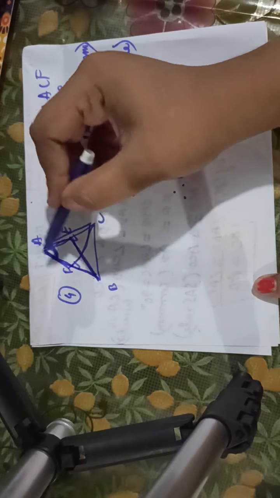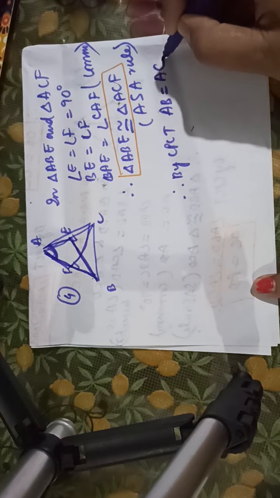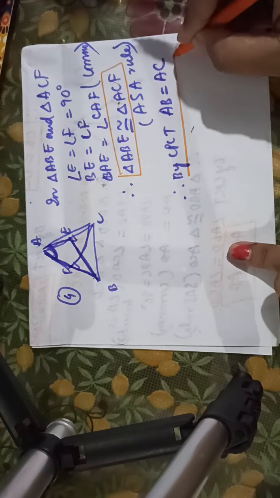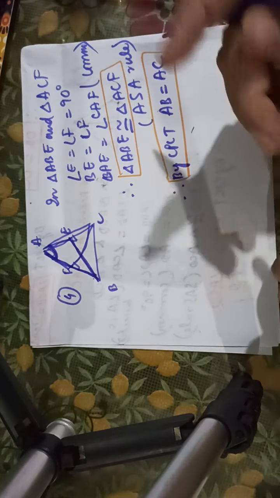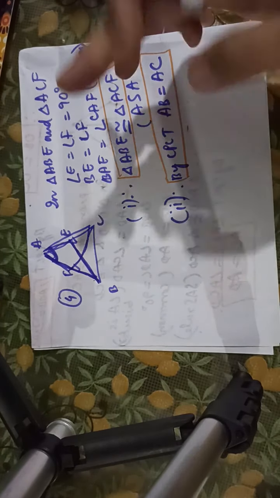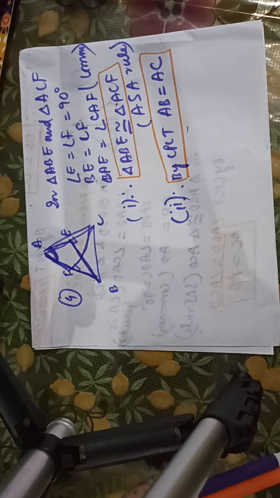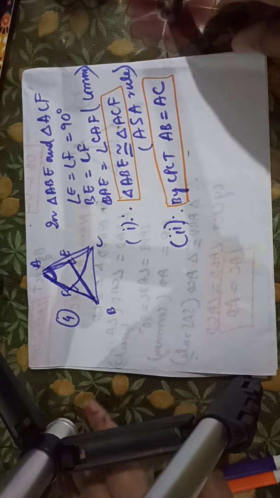Side AB and side AC are left out, therefore we can say that side AB is also equal to side AC. Okay, so together we have done the two proofs in the same answer. So this is the completion of question number 4. All of you go through these 4 questions and copy them down in your copy.